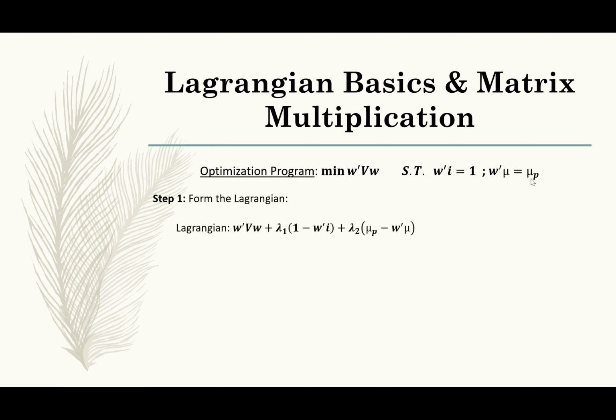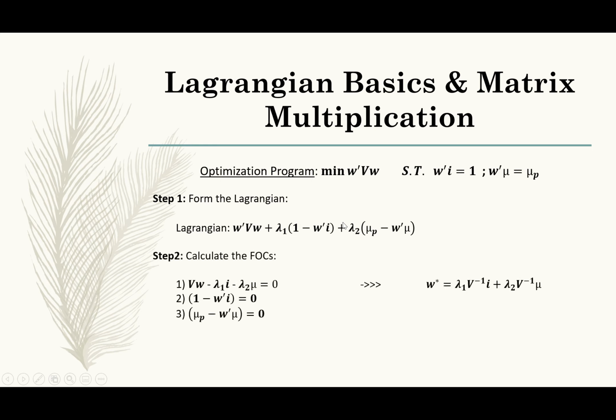So we set up the Lagrangian function, with an additional constraint now represented by this lambda 2. And we take the first order conditions with respect to W, lambda 1, and lambda 2, and you can see they've been populated here. You can now see that W star can be solved for by moving the lambdas over to the other side and multiplying by the inverse of the covariance matrix.